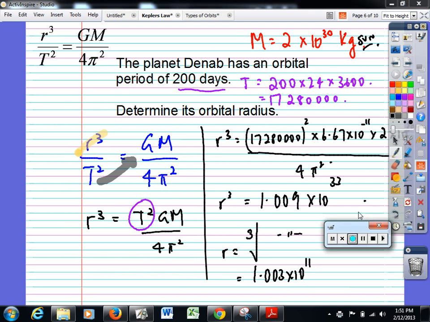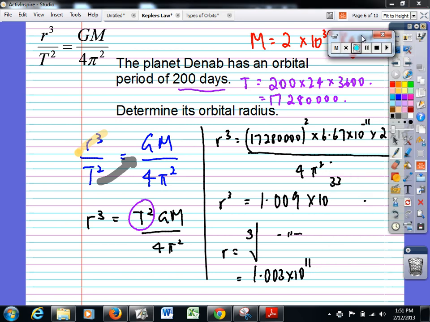This is r, and it would be measured in metres. Do we agree with that? You can see where the biggest problem with all this is: it's these powers, which people forget. Are we okay with that?